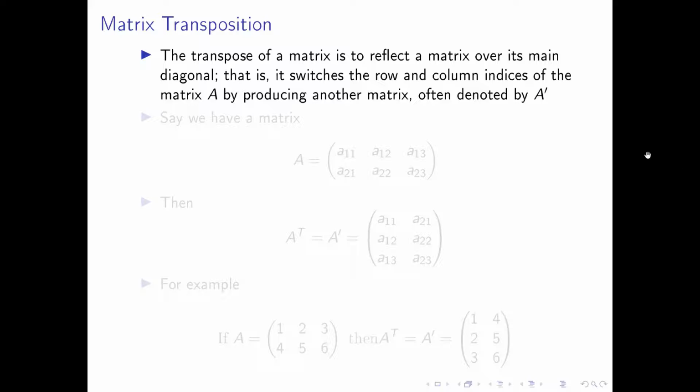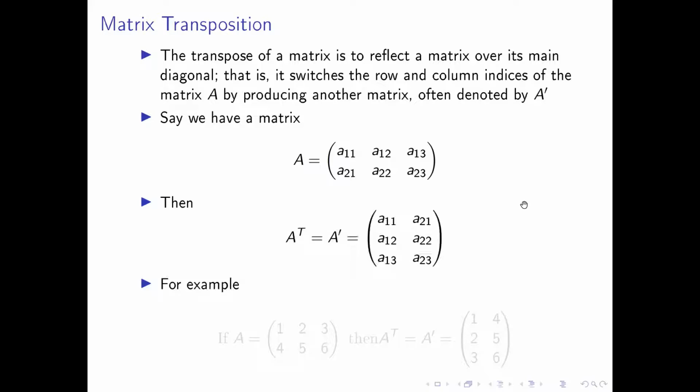Let's say we have a matrix A, right? Here we use generic letters and numbers to denote elements in this matrix, right? We have 2 rows and 3 columns.